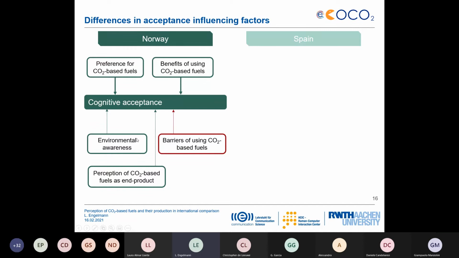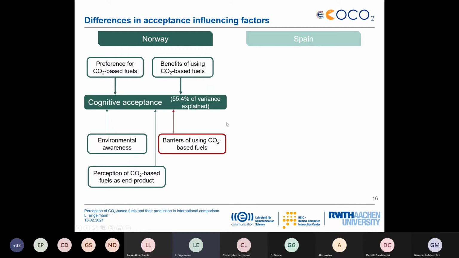The more somebody perceives CO2-based fuels to be detrimental and to pose disadvantages, the less they are likely to accept it. So as you can see, this model explained 55.4% of total variance, which is a promising result for now, but indicates that there are more factors influencing acceptance that haven't been identified yet.